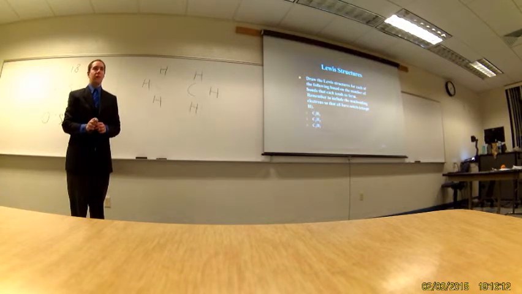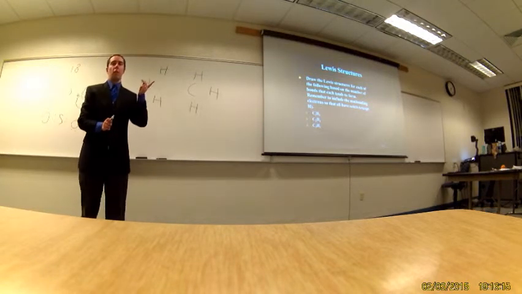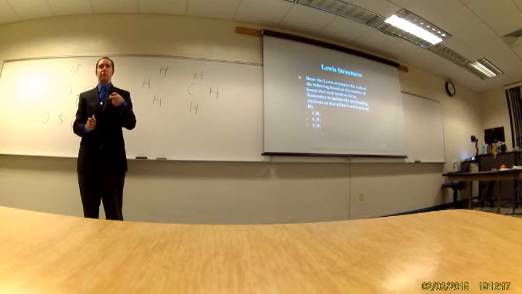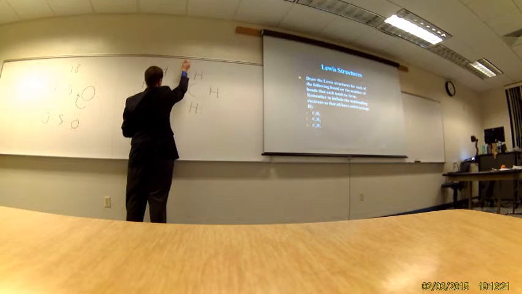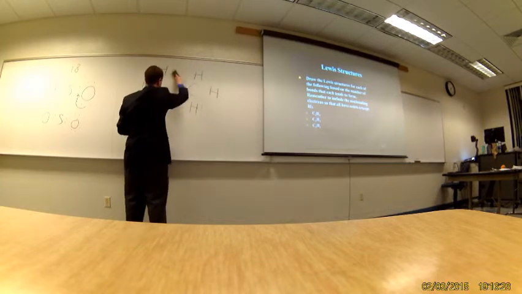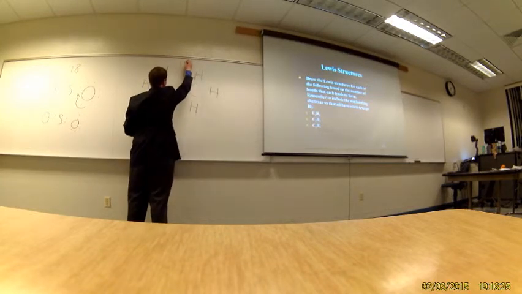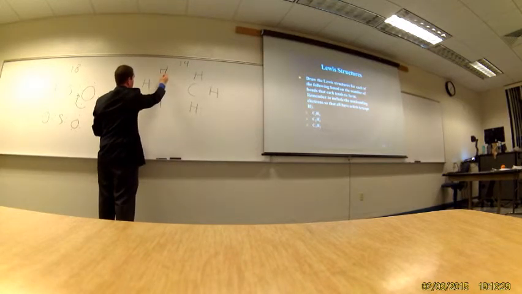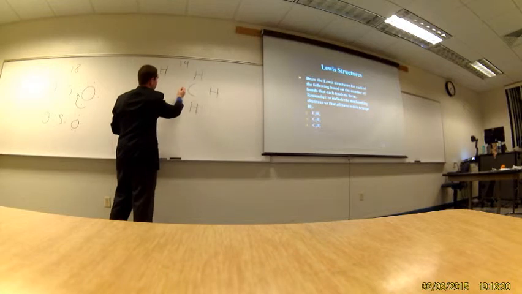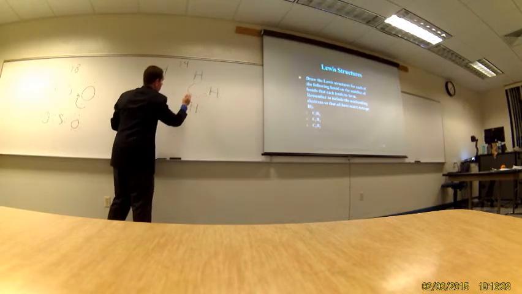Each carbon brings 4, that's 8, plus 6 is 14. Put the easy ones in, there's a bunch of them now. 1, 2, 3, 4, 5, 6, 7, 8, 9, 10, 11, 12, 13, 14.